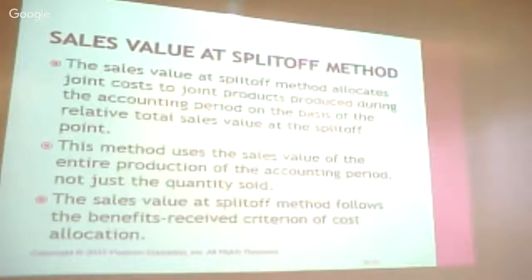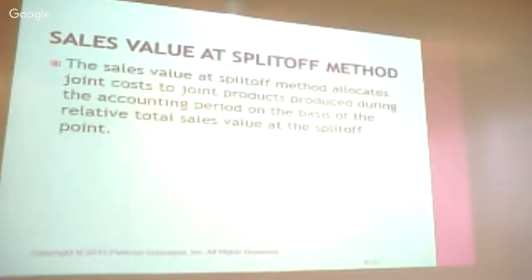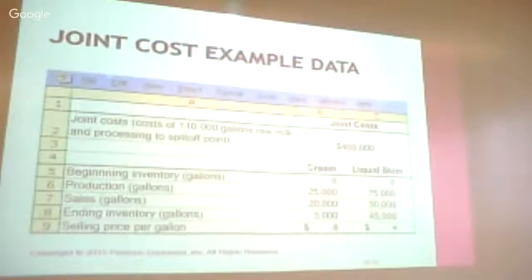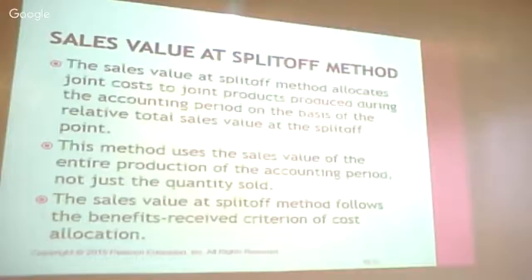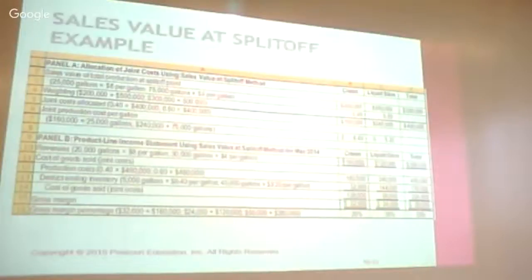This method uses the sales value of the entire production of the accounting period, not just the quantity sold. And so if we go back, it's going to be dealing with the entire production of 25,000 and 75,000, okay? And the sales value at split-off method follows the benefits-received criteria of cost allocation. So let's take a look at here.